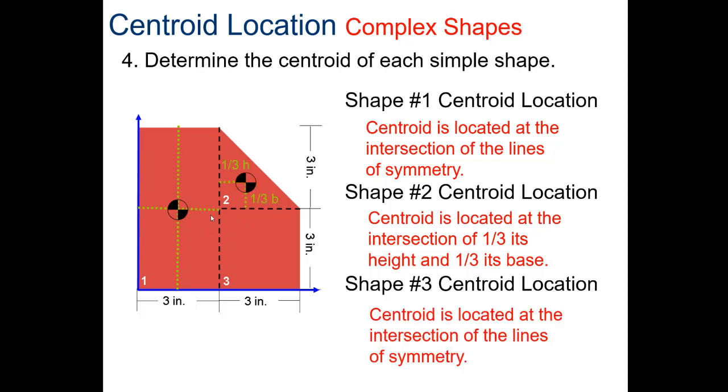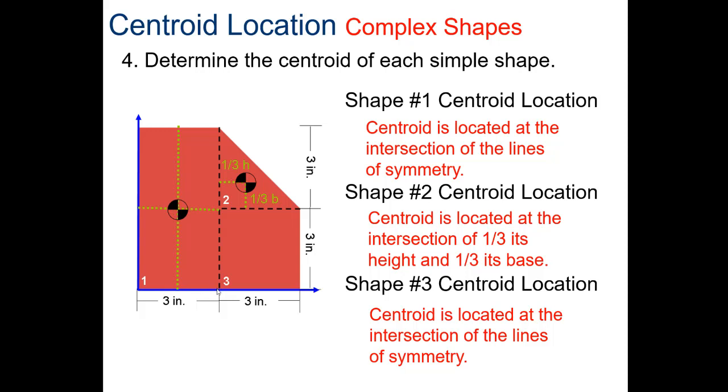This is one third base and one third height, right? It was height divided by 3 and base divided by 3. But remember, we need the coordinates. So how far do I actually have to go from here to get to here? So I have to go across 3, and then one third of 3 is 1.